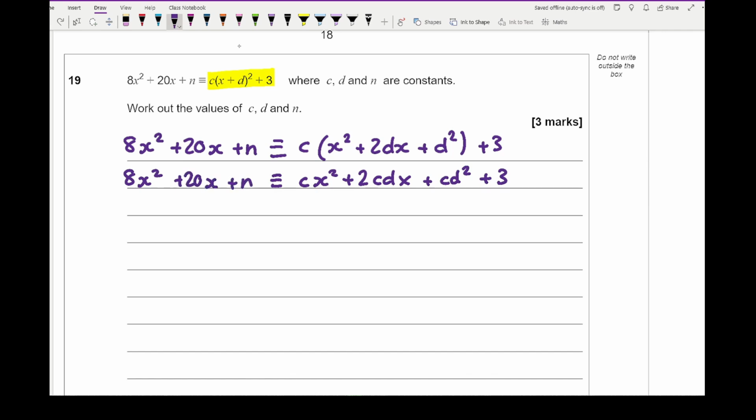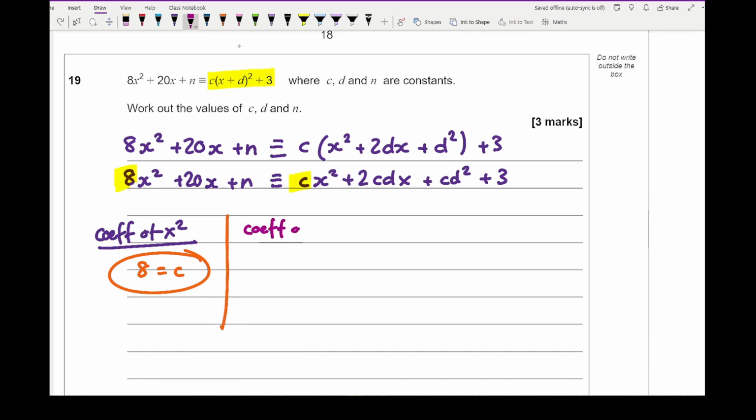Now if I introduce the left hand side back again, what I want to do is compare the coefficients. The coefficient of x squared: I've got 8 lots of x squared on this side and c lots on this side, so that means that 8 equals c, and that is one of my values. If I then look at the coefficient of x, I've got 20x on the left hand side, and on the other side it's 2cd.